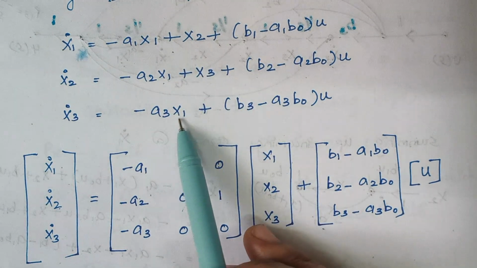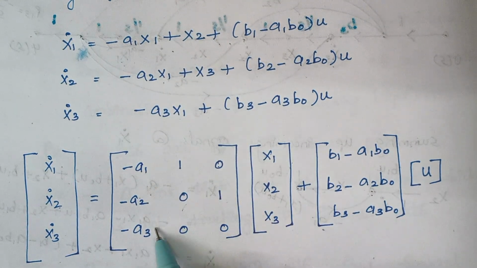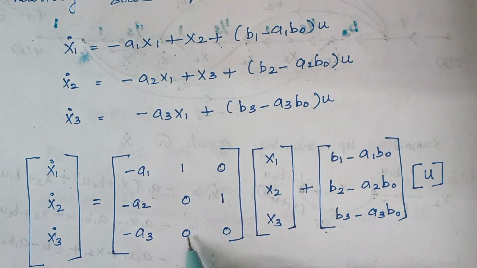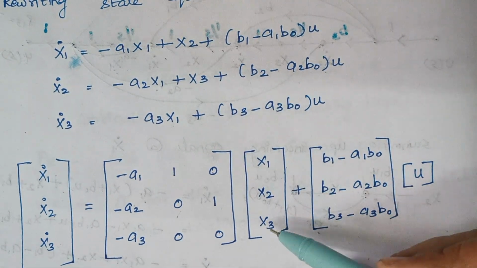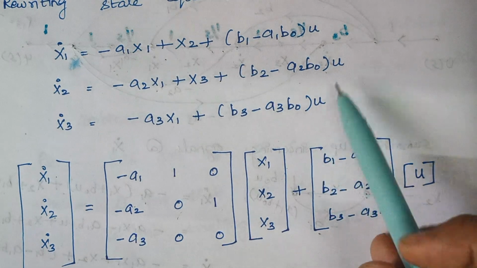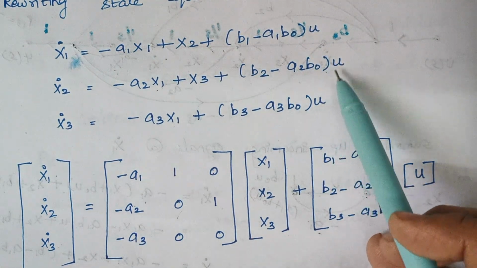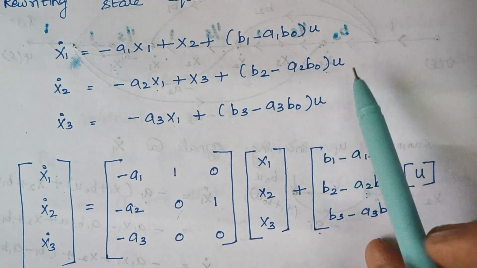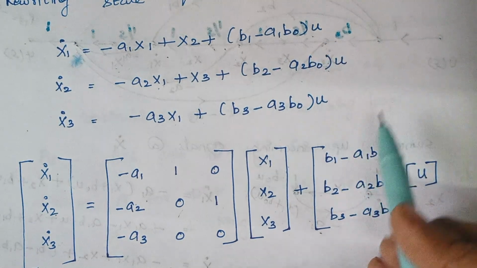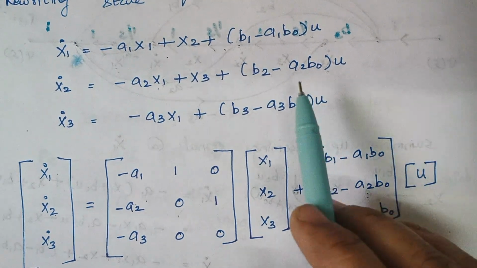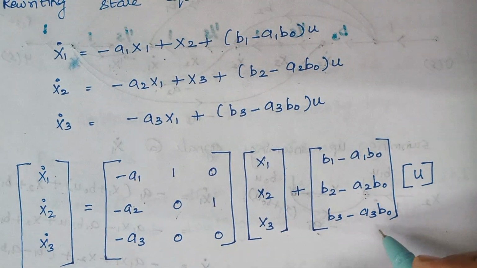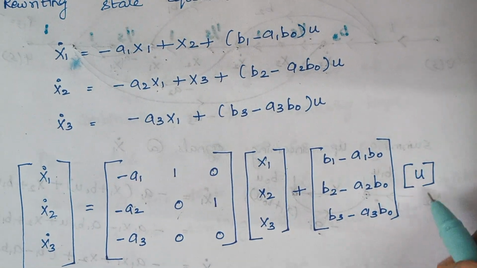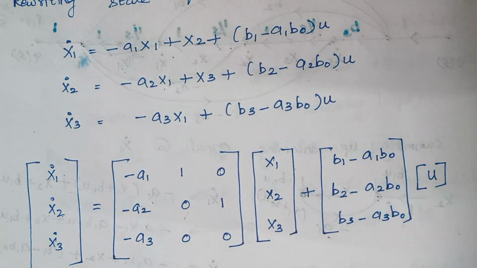And here the coefficient of x1 is minus a3, no x2, x3 both are 0, right? So here x1, x2 and x3 plus here we are having u, right? u is nothing but the input matrix. So here the coefficient of u is b1 minus a1 b naught, and here b2 minus a2 b naught, and here b3 minus a3 b naught, which gets multiplied with the u matrix, right?